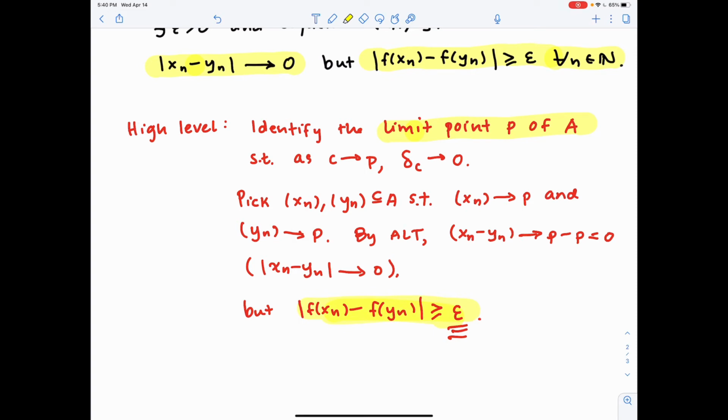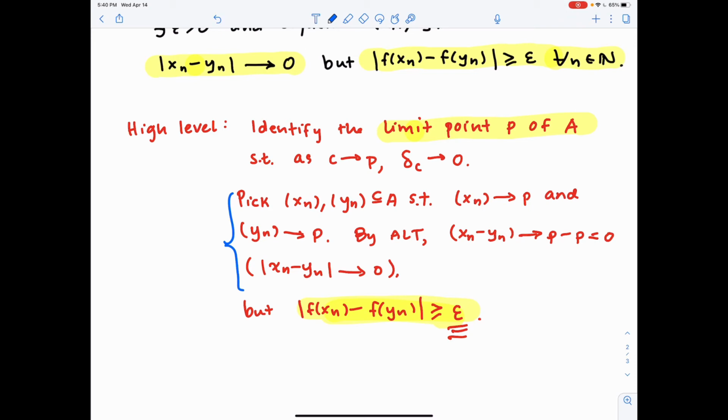But the other thing is you want to pick not only two sequences that go toward that problem location, but they also evaluate nicely in your function. So depending upon what you're working with, that might say that one sequence is better than another. For example, if you were dealing with a trig function, you might want to make sure you're working with sequences that not only go to the point P, but also evaluate on the unit circle.